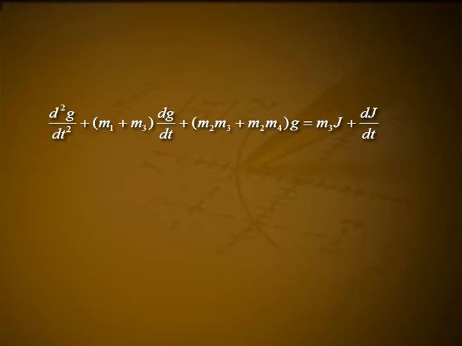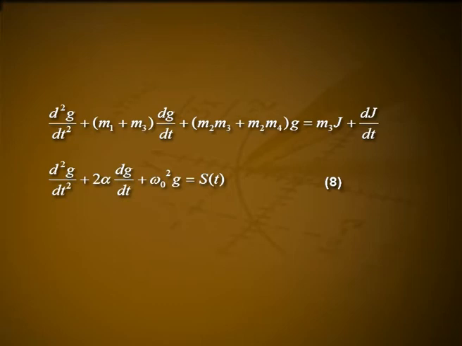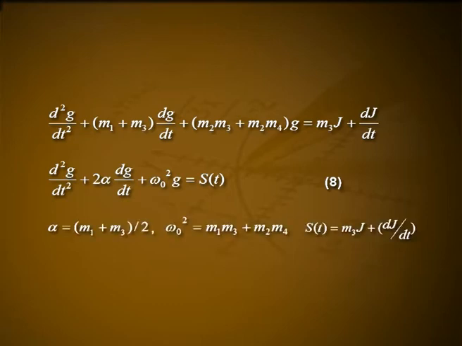We rewrite this equation in the form d²g/dt² + 2α dg/dt + ω₀² g = s(t), where α = (m1 + m3)/2, ω₀² = m1 m3 + m2 m4, and s(t) = m3 j + dj/dt.